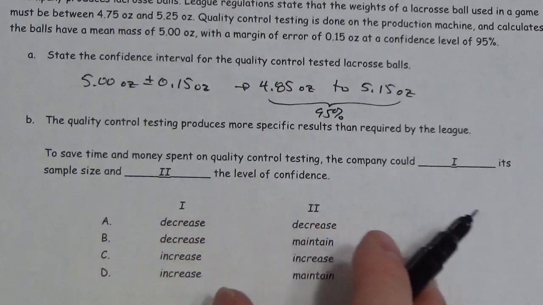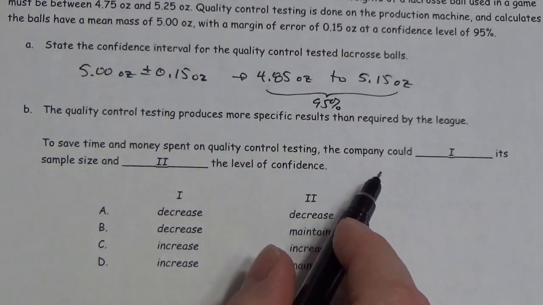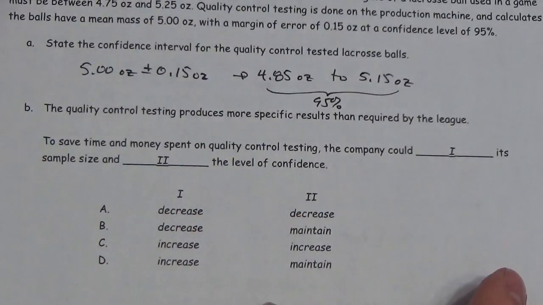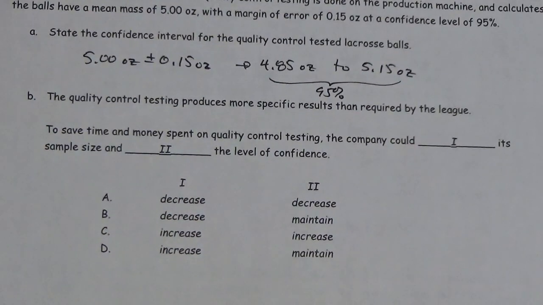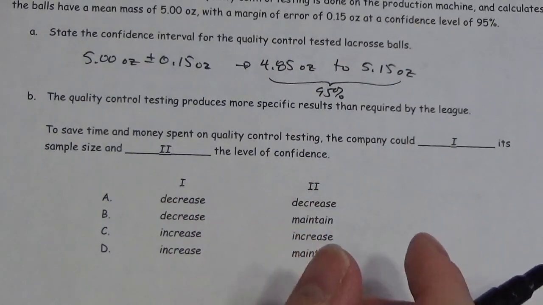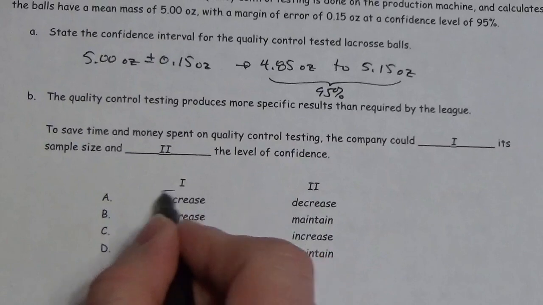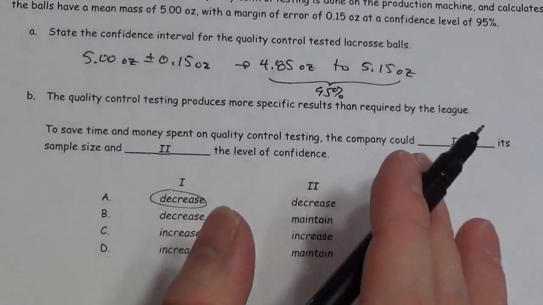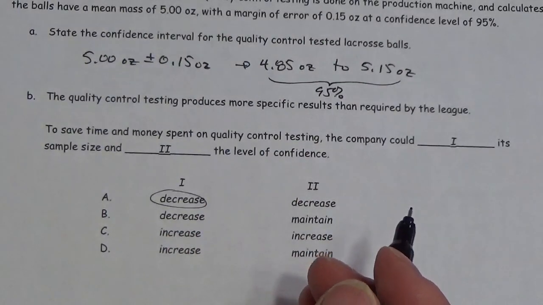To save time and money on quality control testing, the company could do what to its sample size and do what to its level of confidence? Well, to save money and time here, they're in a comfortable position. They could decrease their sample size. They're already doing quite well, so they could probably stand to decrease how picky they are.